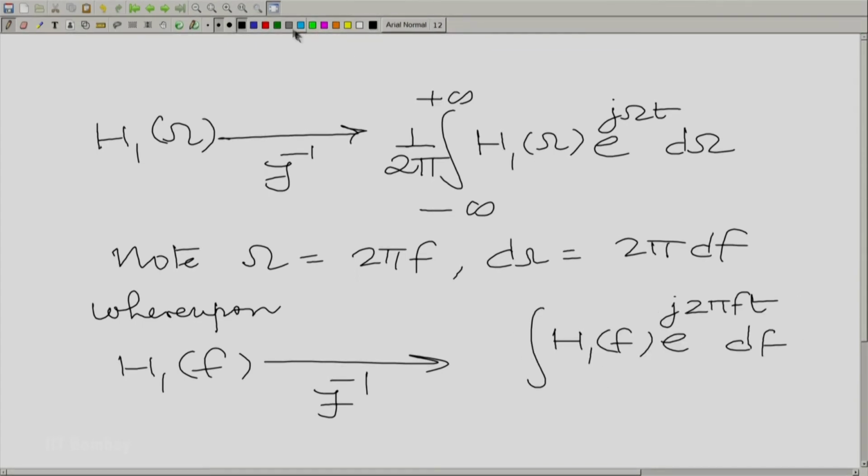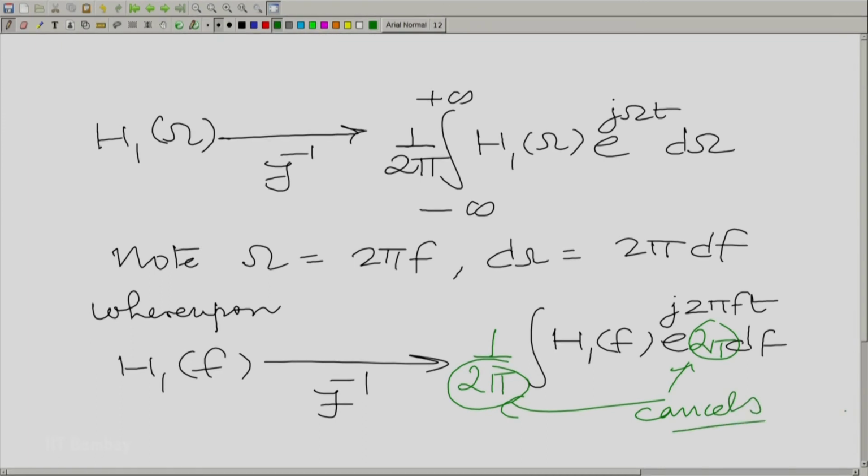the 2 pi cancels. Let me write down the 2 pi both outside and inside and show that it cancels. So, in a way, dealing with cycles per second frequency has some conveniences. You do not need to remember that factor of 2 pi. There is a perfect symmetry between the Fourier transform and the inverse Fourier transform. Anyway, the exercise that I am going to leave for you to do is as follows.